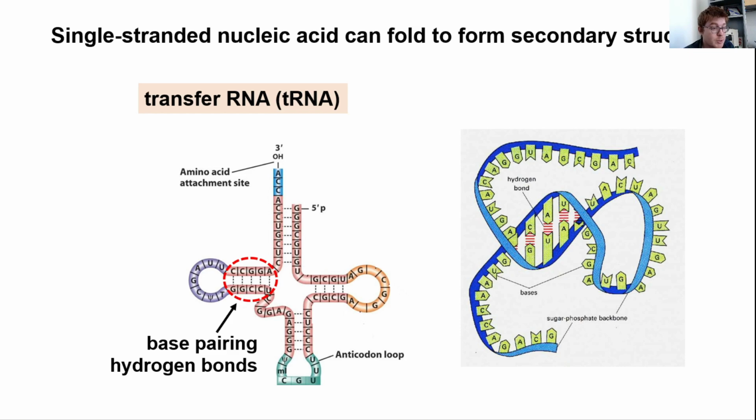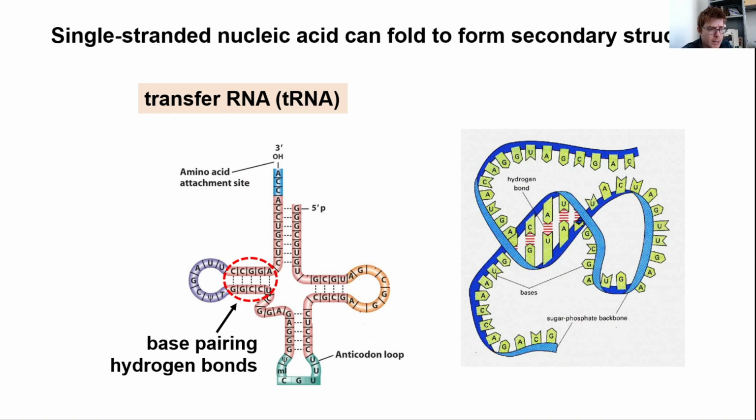A very famous one, for example, is called transfer RNA. These are involved in the process of translation in which protein synthesis occurs. And these RNA structures form from a single stranded molecule. They form a number of base pairing interactions to adopt this kind of clover leaf like structure that you see here.